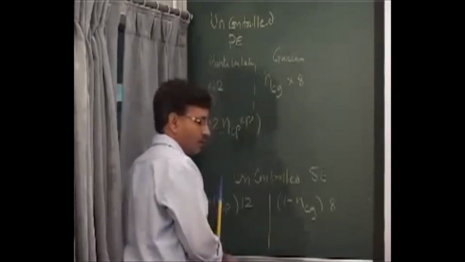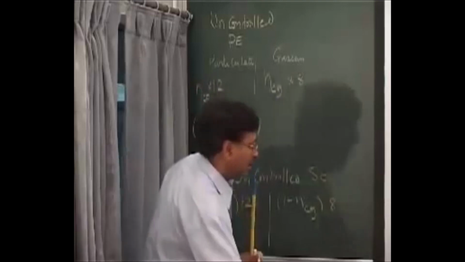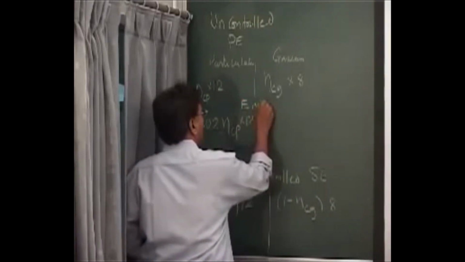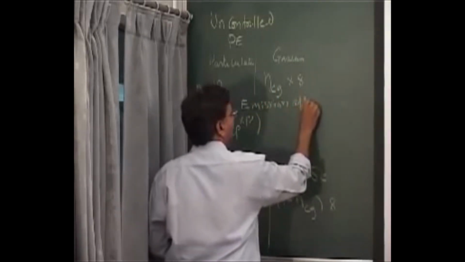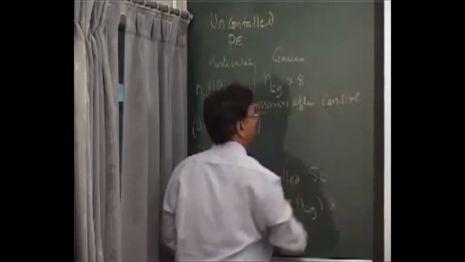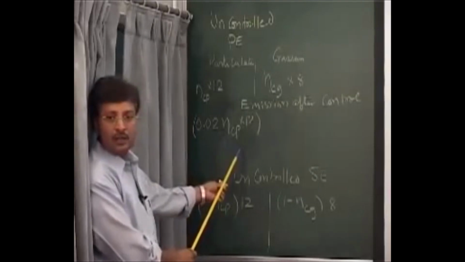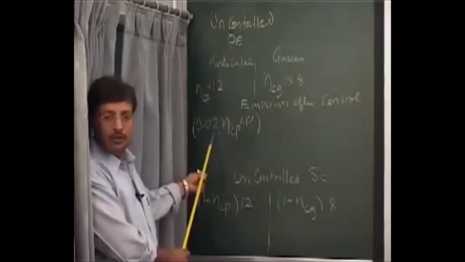And don't forget that what I am trying to do here is emissions after control. So this is the particulate, because 98% removed, left is 0.02.